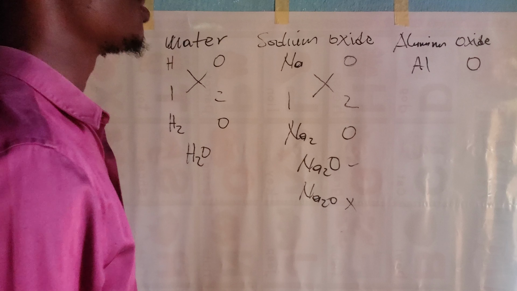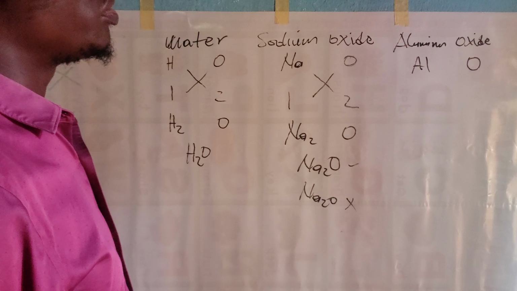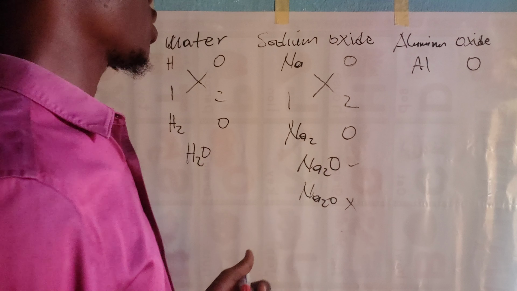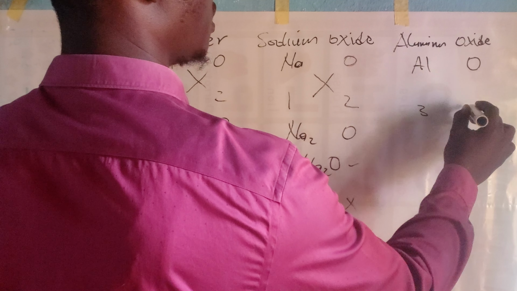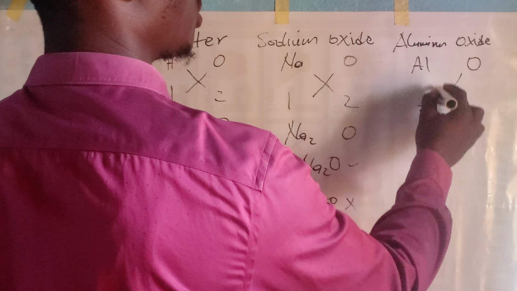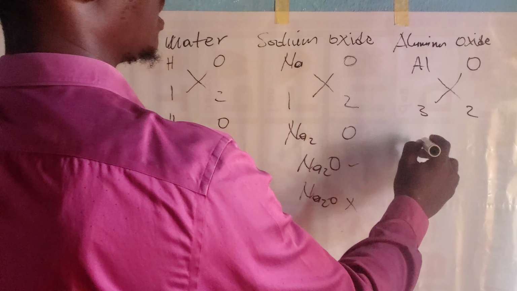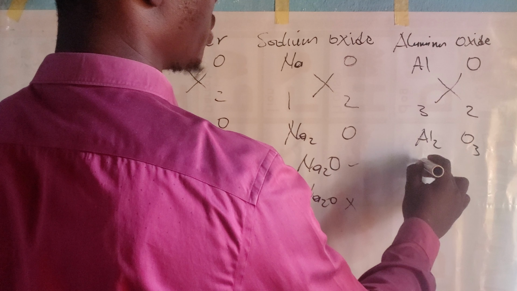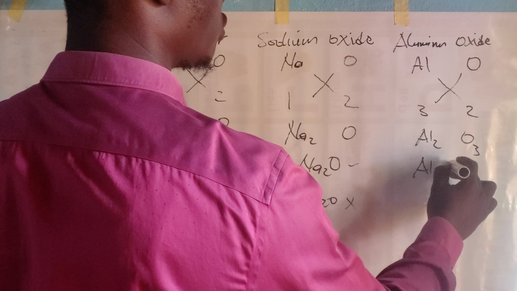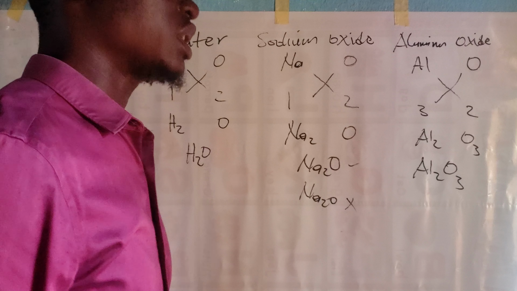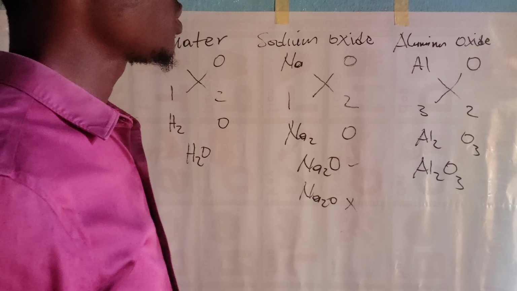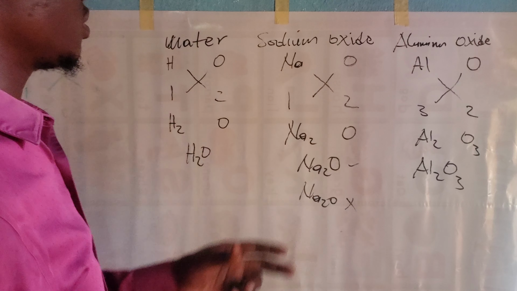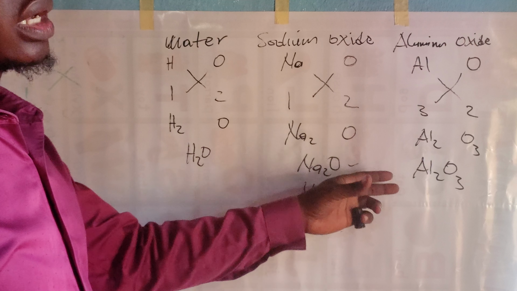So the valency for aluminium is 3 and the valency for oxygen is 2. So we have here 3, we have here 2. You do your cross multiplication again, you have Al2 and O3. When you combine now, you have Al2O3. This one is aluminium oxide. So these are part of the examples that we are to solve.